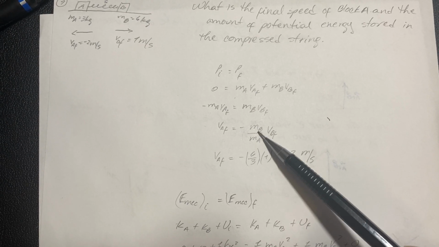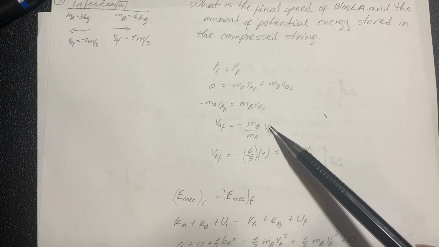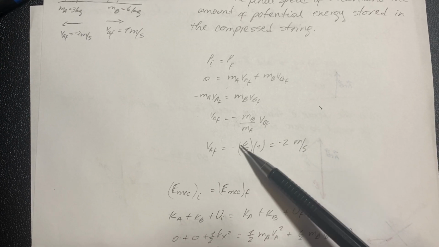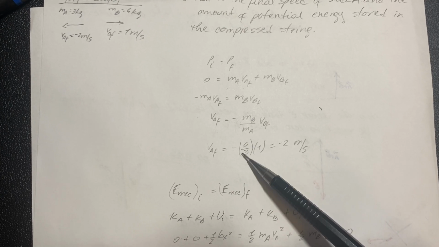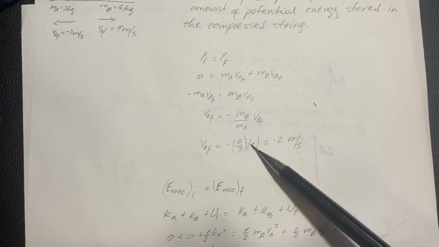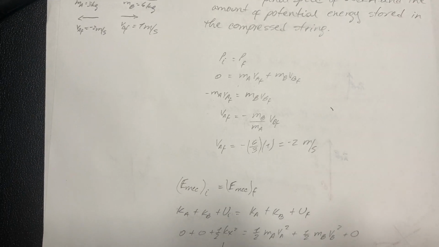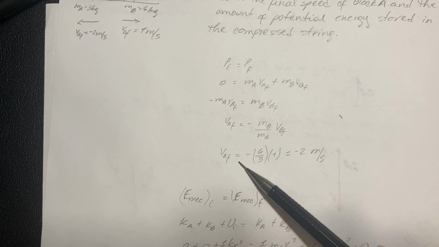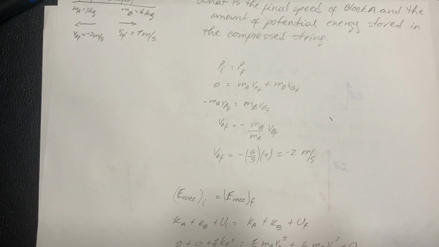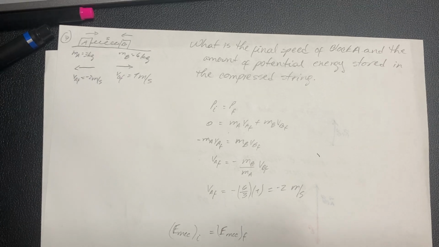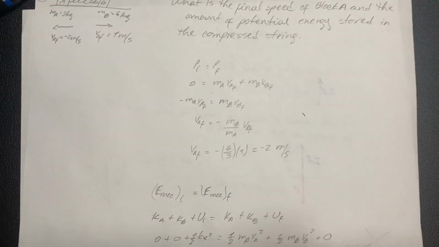Negative mass of B divided by the mass of A times the final velocity of block B. So we plug in the numbers. Negative 6/3 multiplied by 1 is going to give us negative 2 meters per second. That's the final velocity that block A gains when they are forced together and then released.